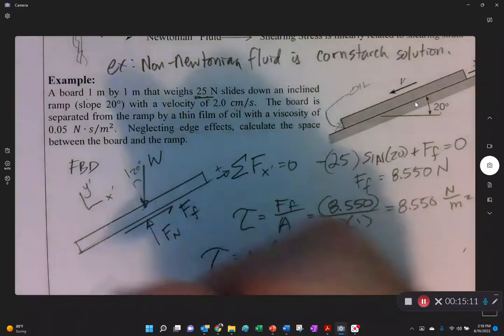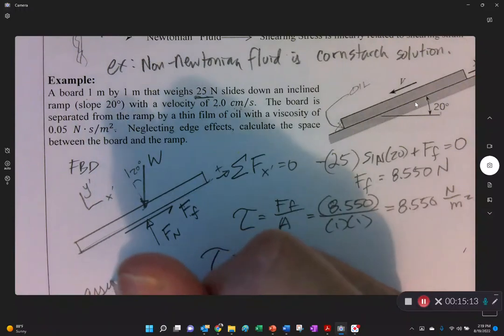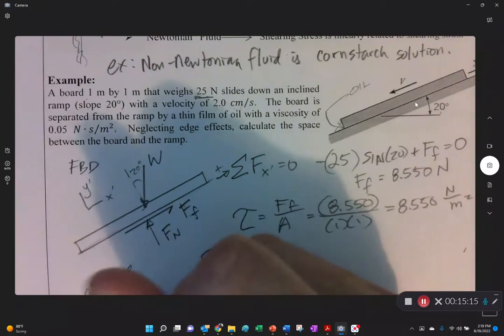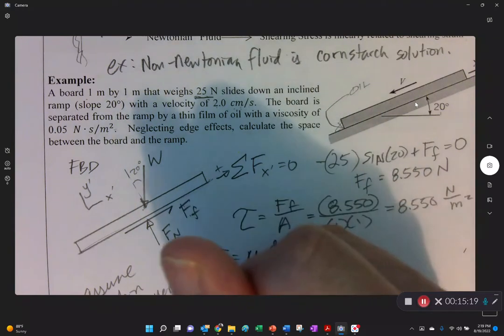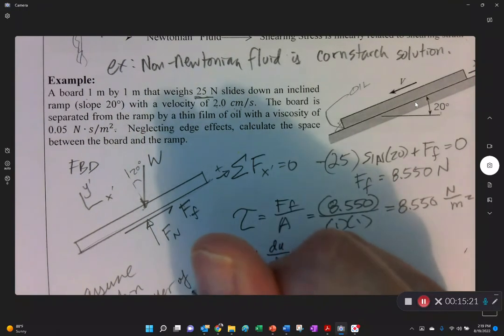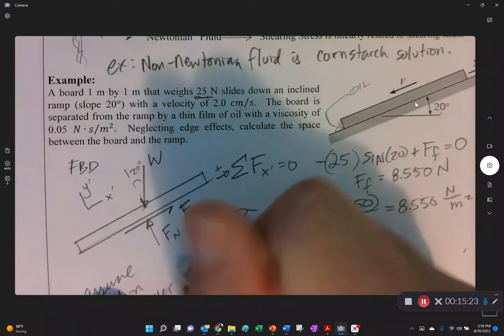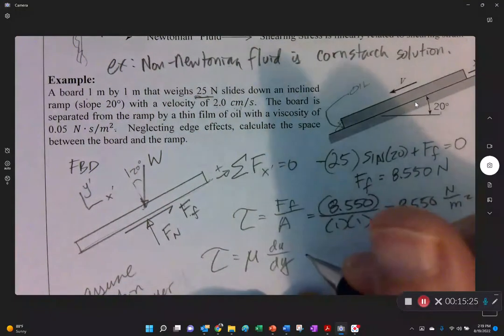And so we're going to assume a thin layer. That's good enough, we know what we mean.